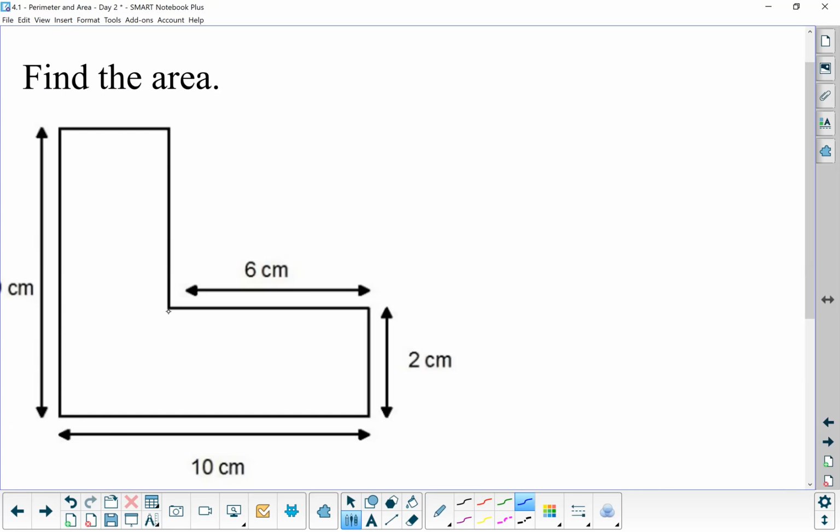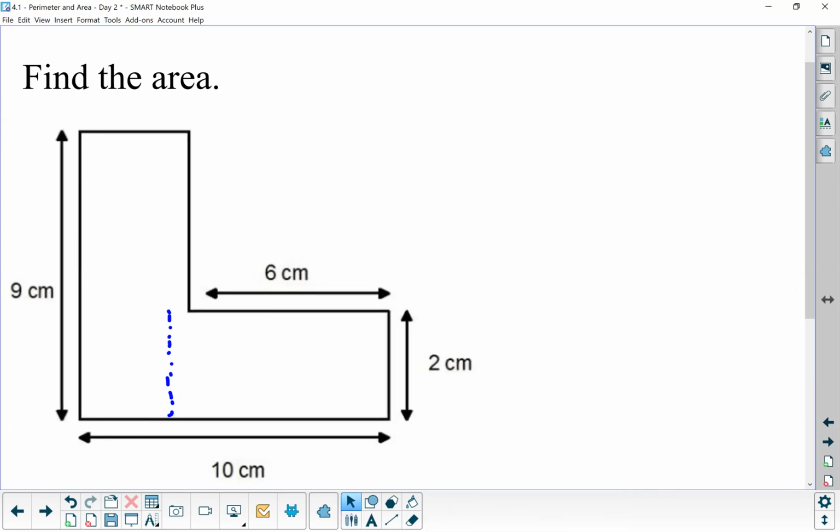Well, I am going to break this shape here. And if you remember, we said that this length was 4 centimeters.